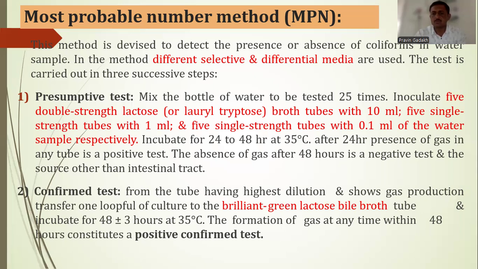We also observe for gas formation within that incubation period. If gas formation is observed, we consider that tube positive for the confirmatory test. Many times only acid formation is observed, but if there is no gas formation, that tube is considered negative for that particular test.